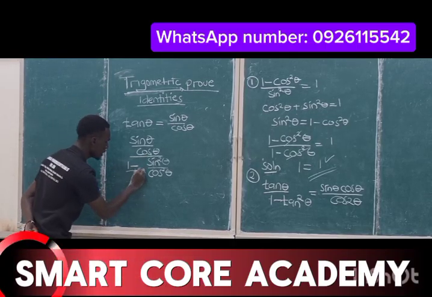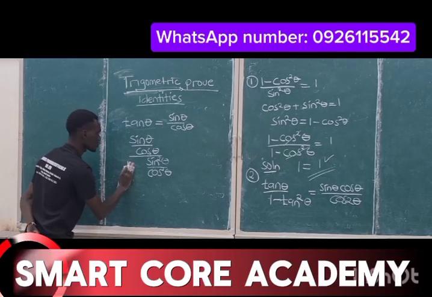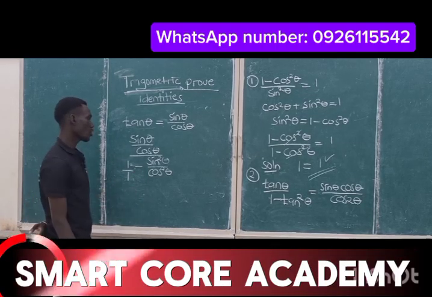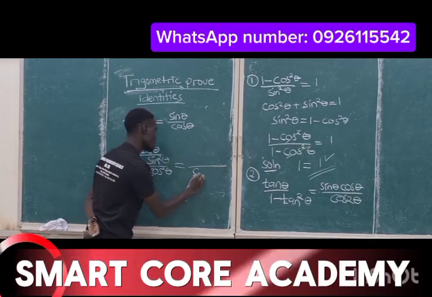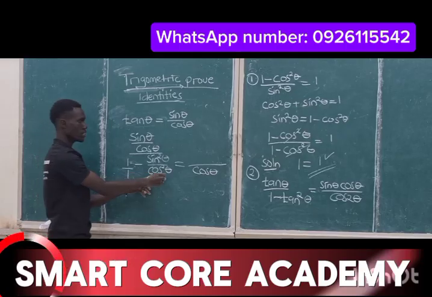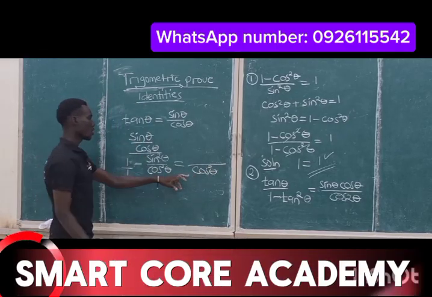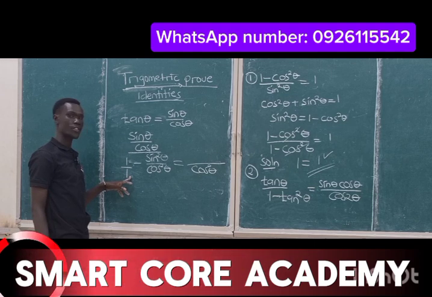Let's find the LCM for this one here. The common denominator for this side will be cos theta, but it is squared. Cos theta divided by 1 will still be cos square theta.